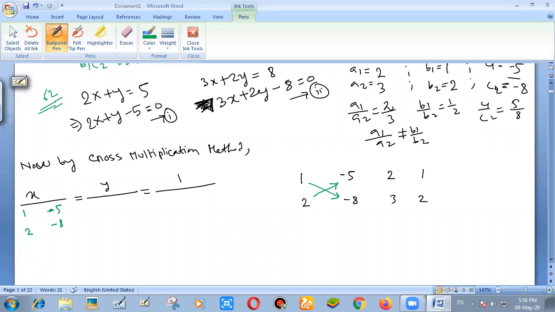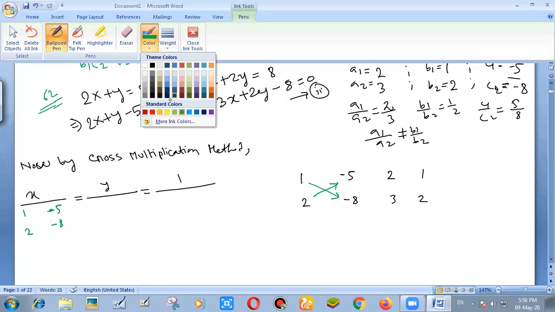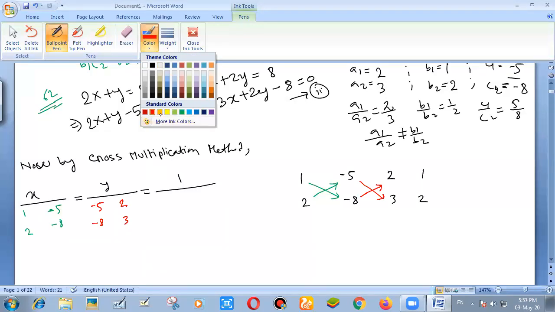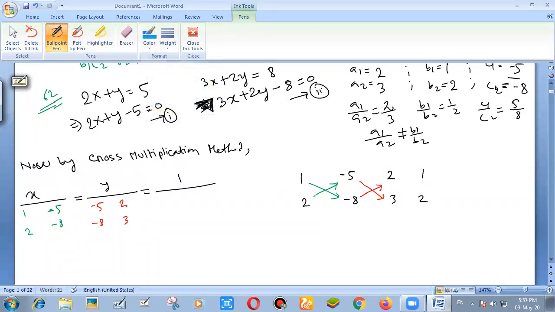Then in case of denominator y, you write -5, -8, 2, 3. Again, in place of the constant term, this one, you write 2, 3, 1, 2. Up to this, clear, all of you? Yes, sir. Okay.